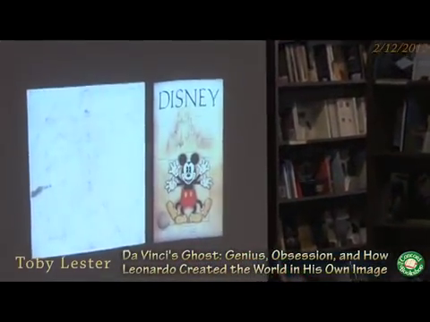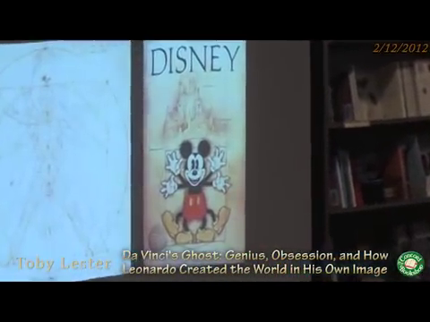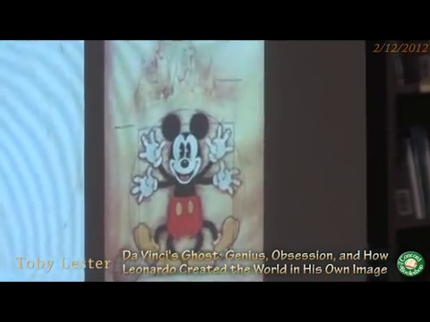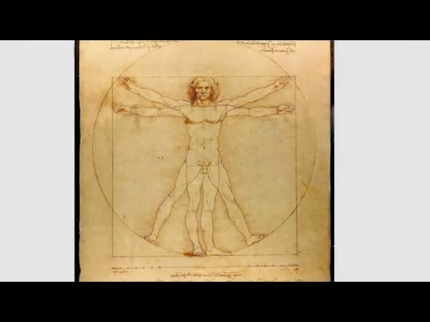Capturing motion is very important. It also explains why Disney, in the heyday of animation, tried to capture the idea of animation in a kind of Vitruvian mouse. It's very funny, but in fact they're getting at something that Leonardo was really, really serious about.